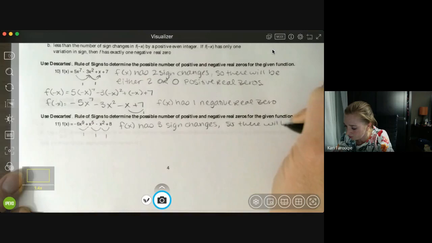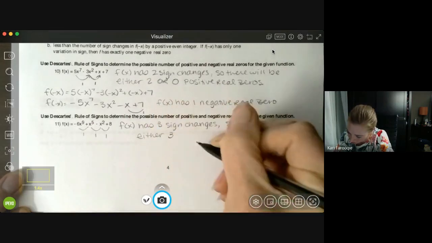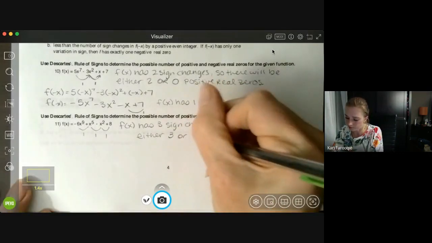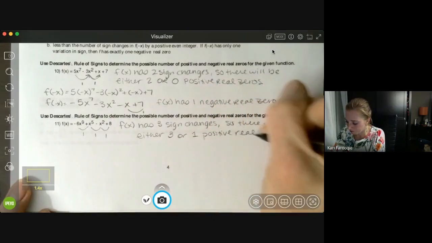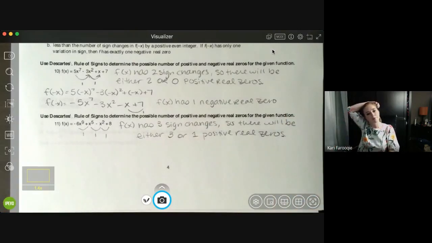So there will be either 3, or subtract 2 from that, 1, positive real zeros. So there could be 3 of them. There might be 1. So I guess that's kind of helpful because you're at least expecting to see something. It's better than 2 or 0.